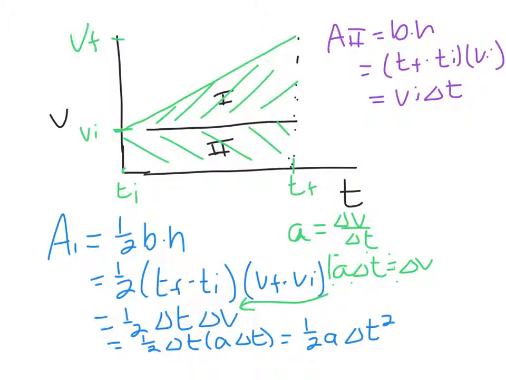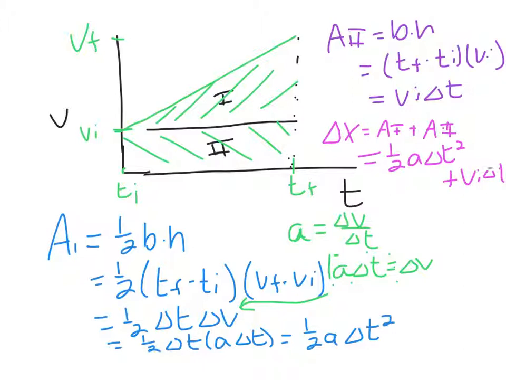So total displacement, delta x, equals the area of 1 plus the area of 2. So this gives me 1/2 a delta t squared plus v initial delta t.